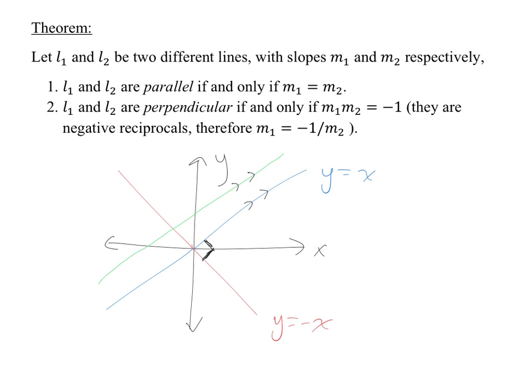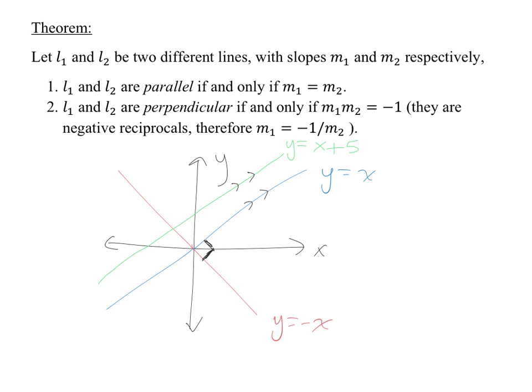Let's say the one in green, its equation is y equals x plus 5. 5 is the y-intercept, right here. The slope of this line is 1. The slope of the blue line is 1, and its y-intercept is 0, so you don't have anything at the end. But the lines in green and blue are parallel to one another.